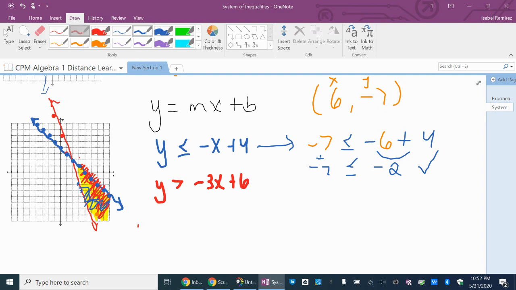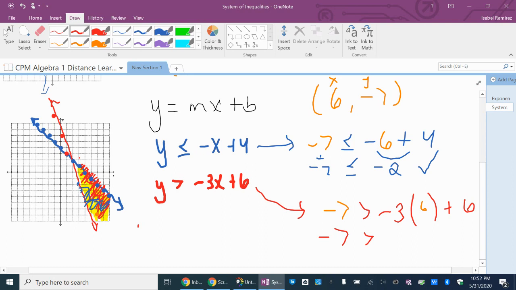Now for the second inequality, where we have y is greater than -3x plus 6, again for y, I am plugging in -7. So -7 is greater than -3, and for x, I am plugging in 6, and then plus 6. So we're going to do some simple math. -3 times 6 is -18.